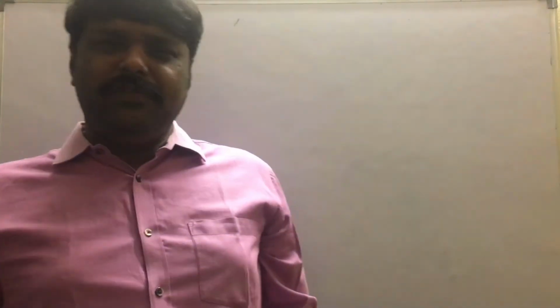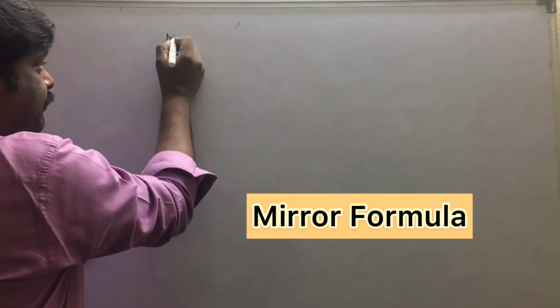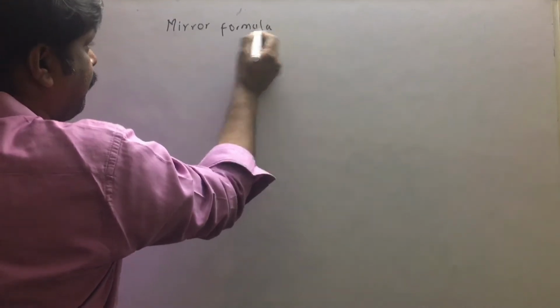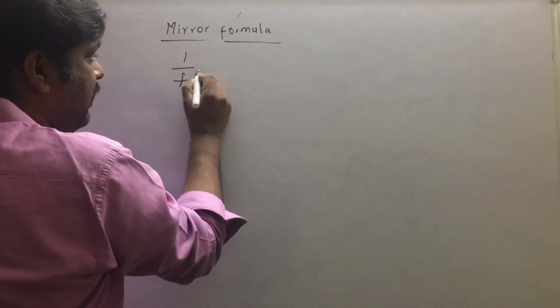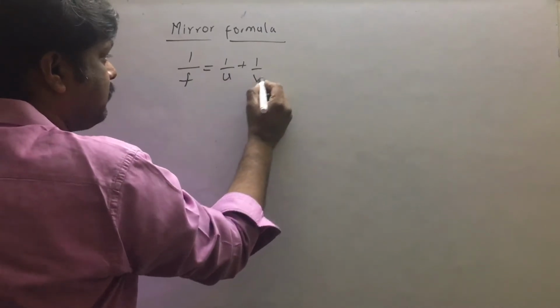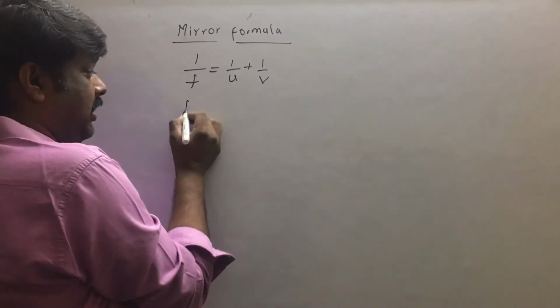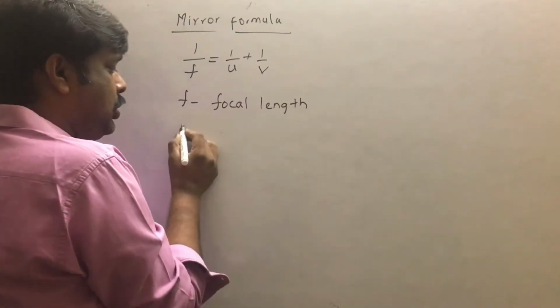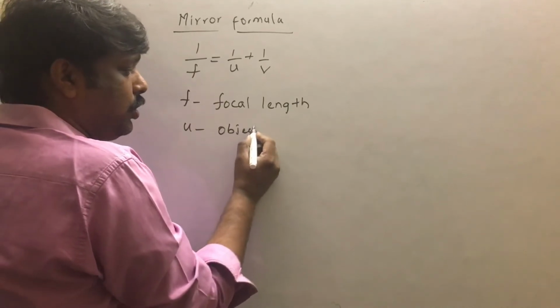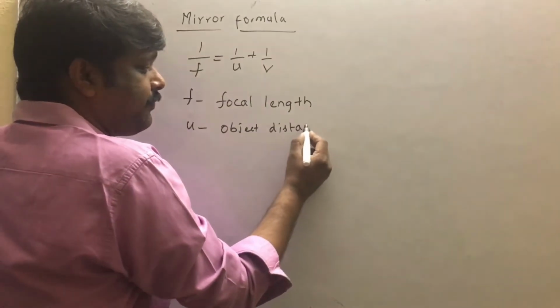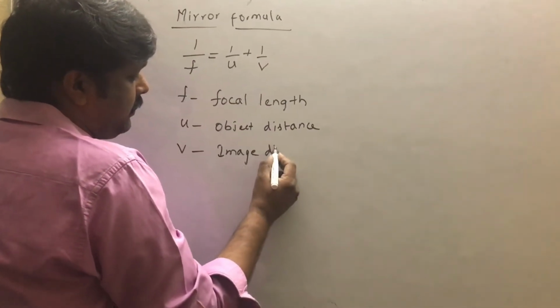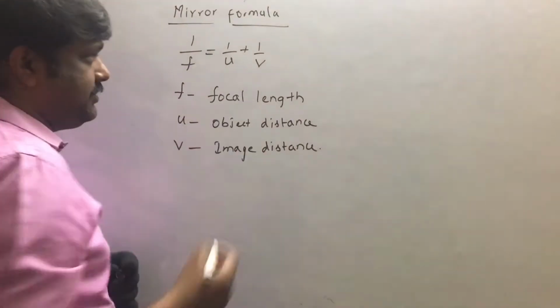As we are very familiar with the mirror formula, that is 1 by f equals 1 by u plus 1 by v, where f indicates the focal length, u the object distance, and v the image distance.